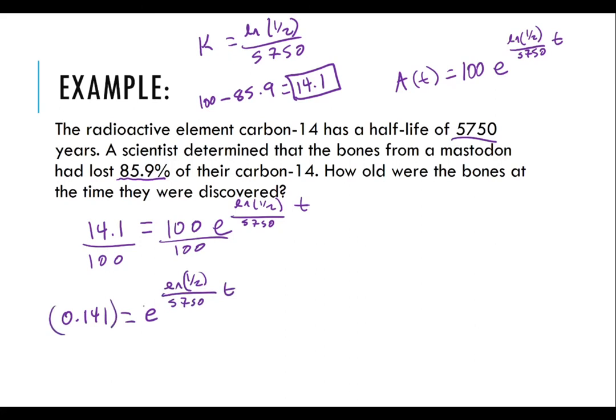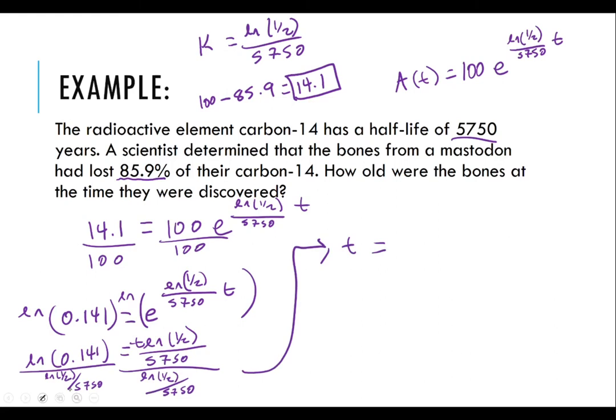I'm going to take the natural log of both sides. Then I get that the natural log of 0.141 is equal to the natural log of a half divided by 5,750 times t, times the natural log of e. Well, of course, the natural log of e is 1. And so then I can divide by the natural log of a half over 5,750.